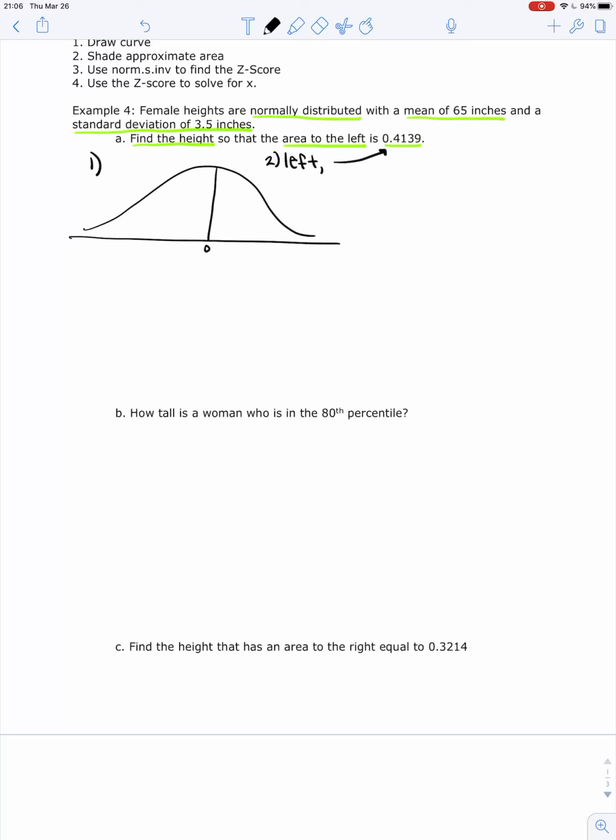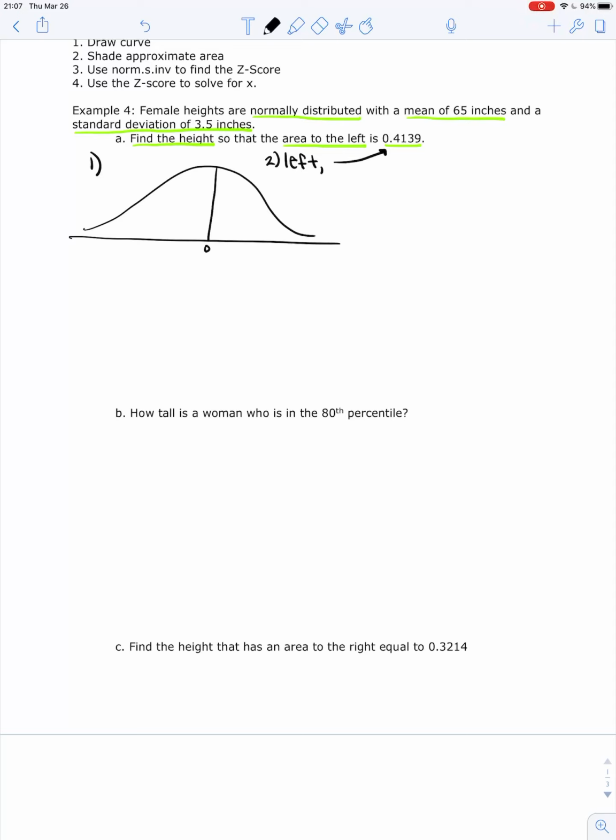So the area to the left of this unknown z-score is 0.4139. So the area less than some value is 0.4139. The other thing that I want to remember when I'm looking at these types of problems is that the mean is cutting this distribution in half, meaning 50% of the curve is below the mean, 50% of the curve is above the mean. So we're looking at the area to the left, and that's a little under 50%.